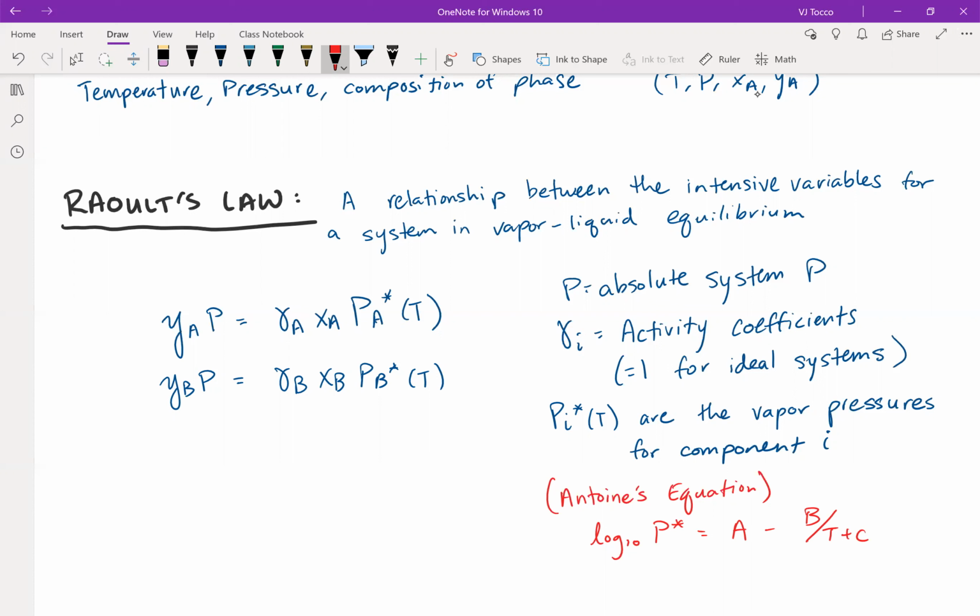So your MEB textbook has this table of Antoine's coefficients. They're also readily available from a website or from a government repository called NIST, so nist.gov.